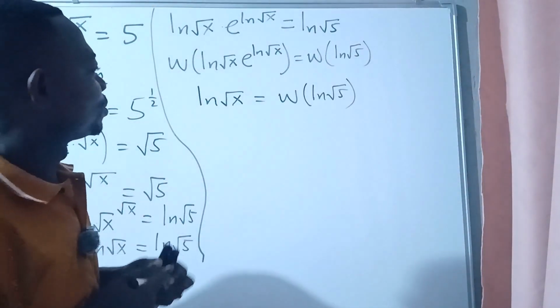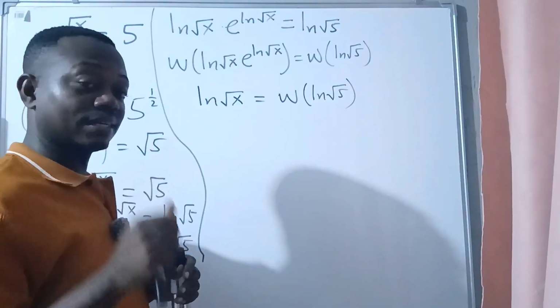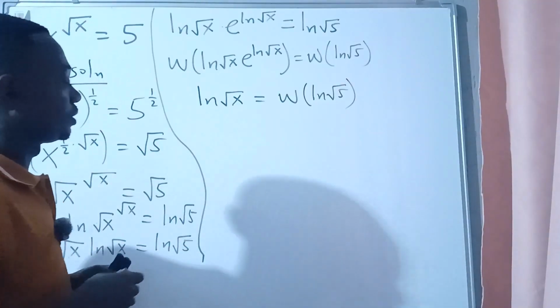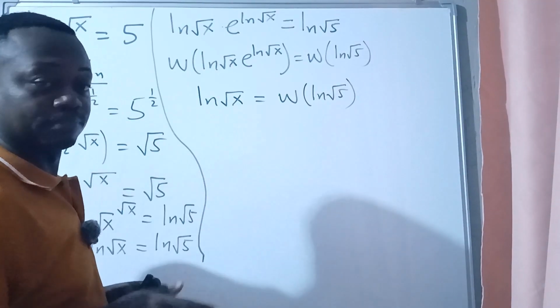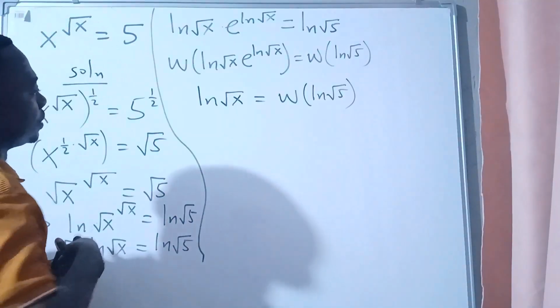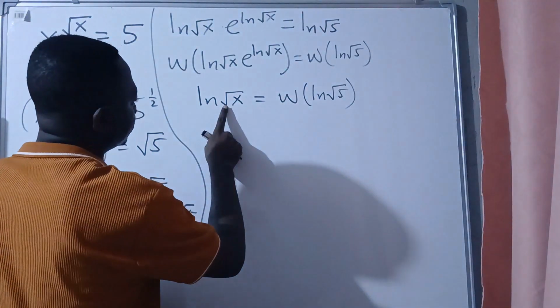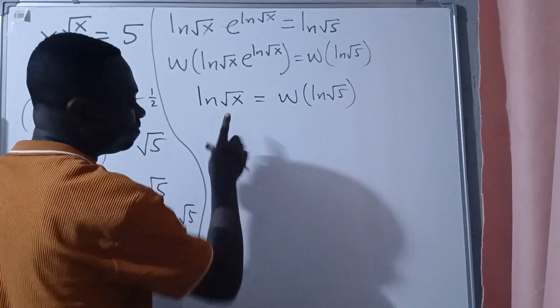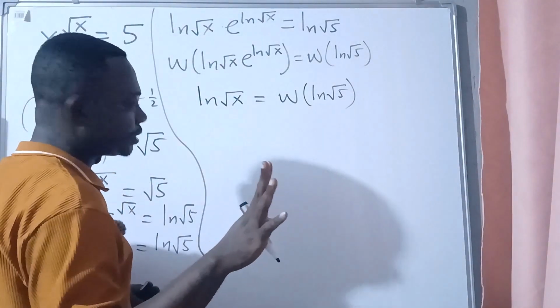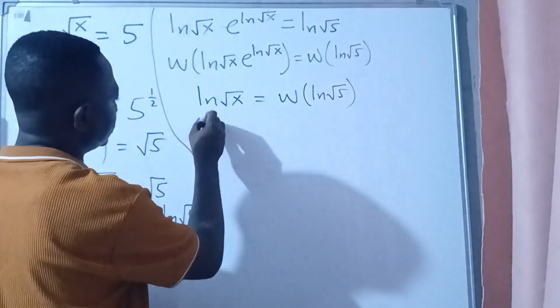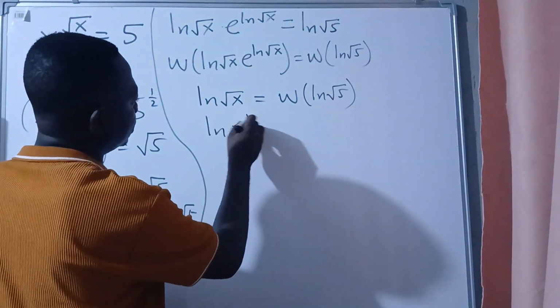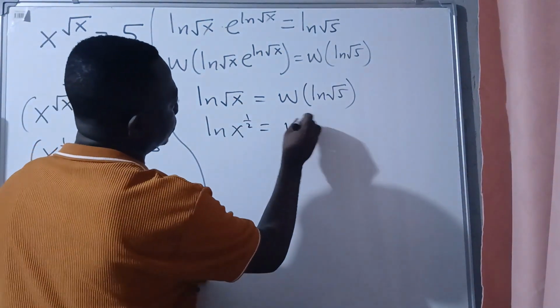All right, so don't forget that we have to find x. So we'll make everything possible to get x. Now let's go back. x to the power of half is square root of x. So you can say ln of x to the power of half equals the W function.